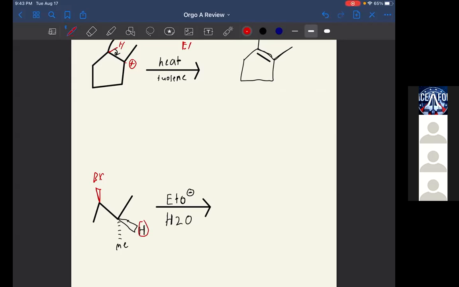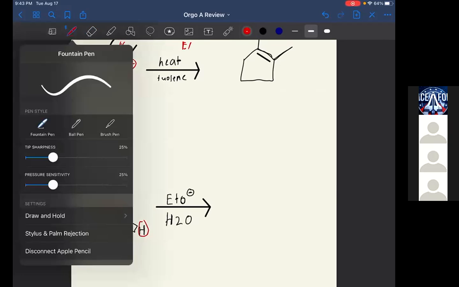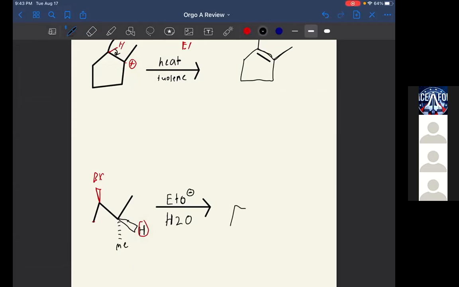Physically it can't. It could eliminate with this hydrogen over here, and what's more likely to happen is it's going to follow Zaitsev's rule, because you would get a minor product. It would form a little bit of a kinetic product, which would be this. However, the overall product most likely wouldn't be this.